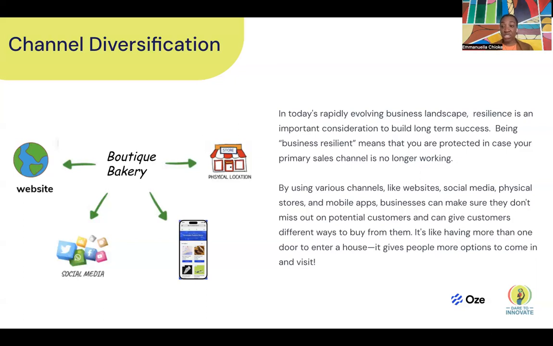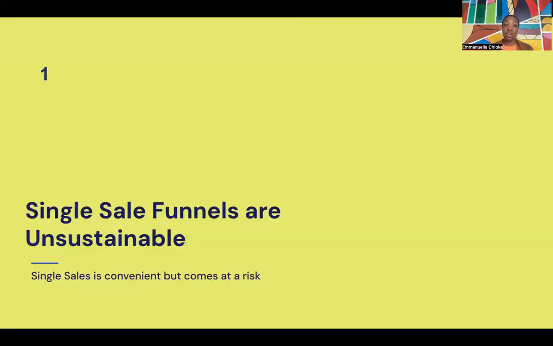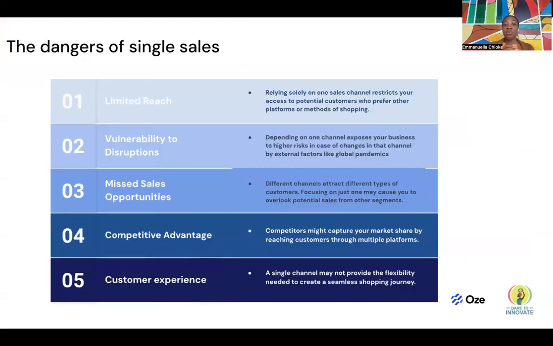Because they have other sales channels, that doesn't necessarily mean they've lost a lot of business. They can send these potential users to other channels to buy, and they still retain those customers rather than losing them because they only had one sales channel. So we talked using Boutique Bakery about why it's important to have more than one sales channel.